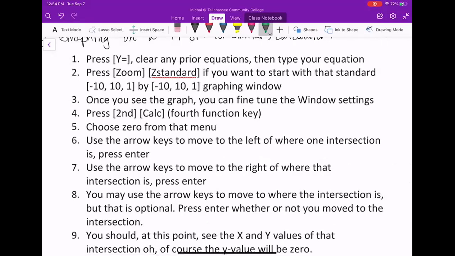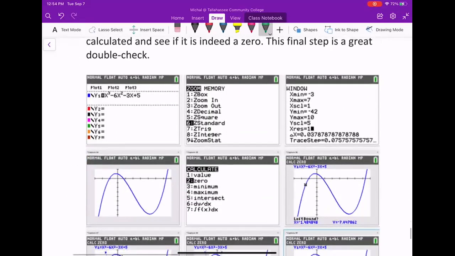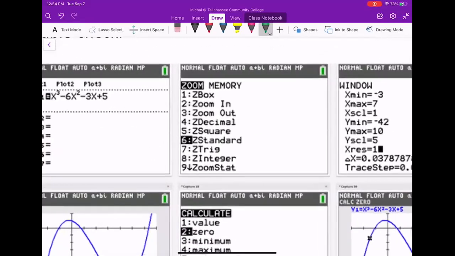However, if you can't see the graph, you may need to play around with those zoom options to zoom out until you can see it. Just like when we did this in Desmos, I needed to adjust the window in order to have my graph perfectly centered. You may not be able to see your solution immediately when you're graphing on the calculator. When you press zoom, you're going to get this menu here.